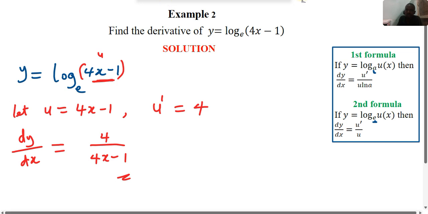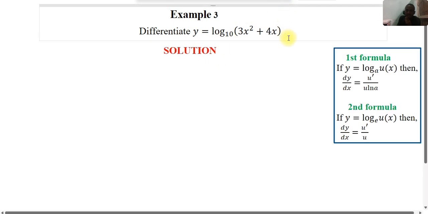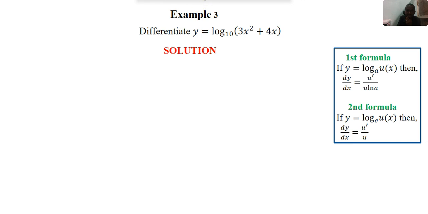Okay. The third question says we should differentiate y equals log 3x squared plus 4x base 10. Okay, let me just take this way. y equals log 3x squared plus 4x, all in bracket, base 10.